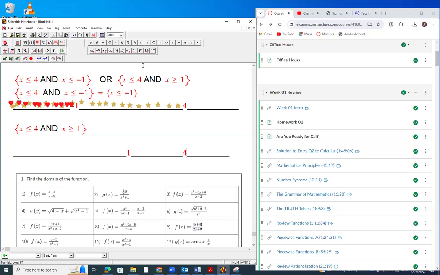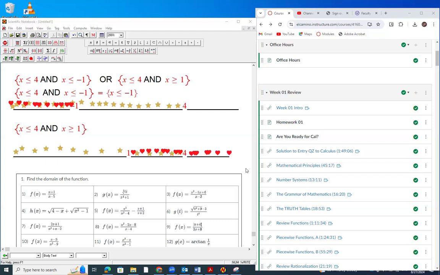The part that will be the result is the part that must be marked twice. So we're going to do the same thing again. Less than or equal to 4, that's all of these numbers. Greater than or equal to +1, that's all of these.